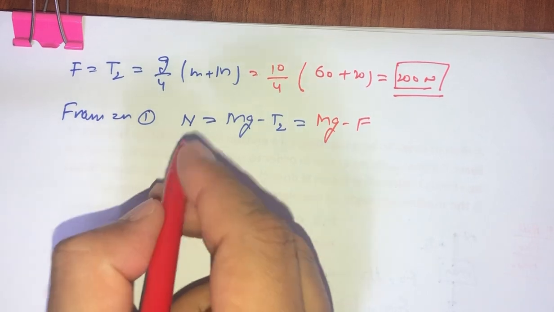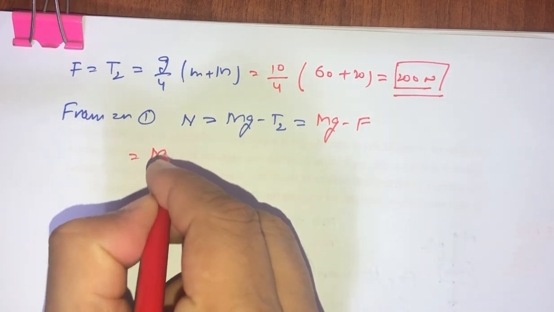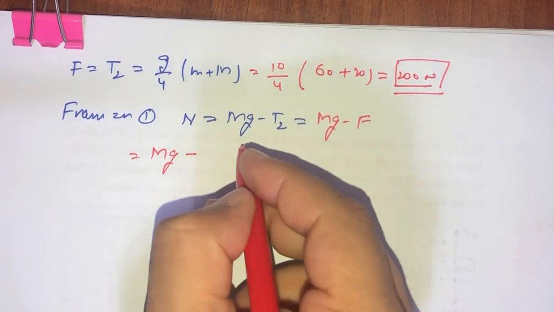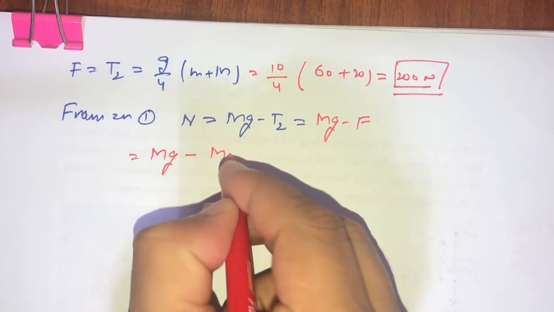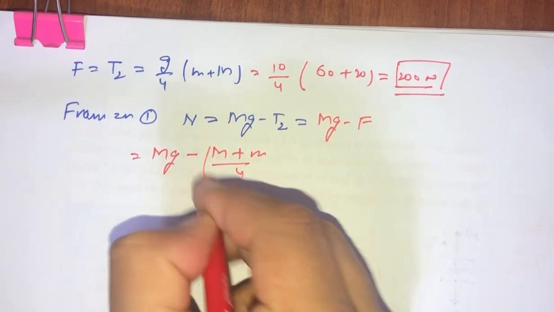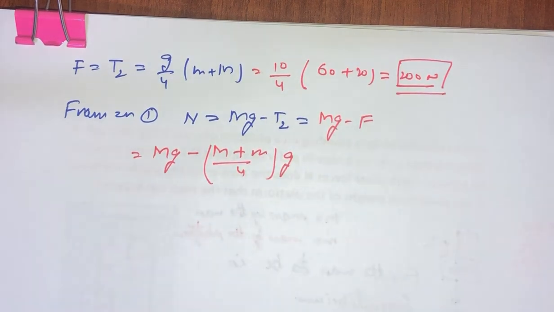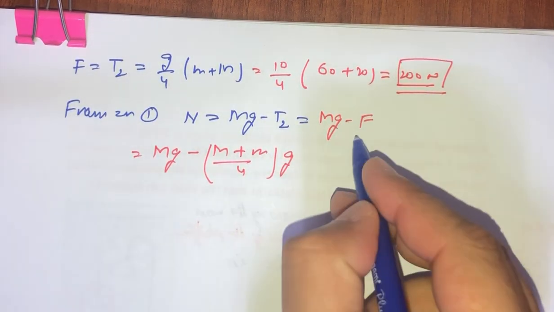So we are going to get mg minus (m plus M) divided by 4 into g, which is nothing but F. We substitute the value of F.